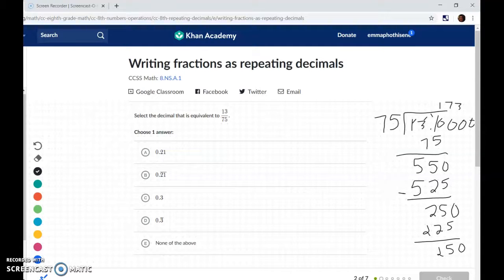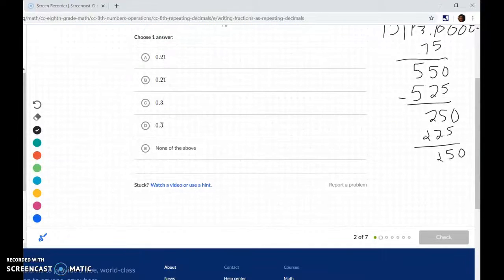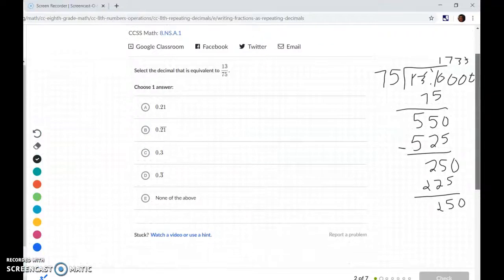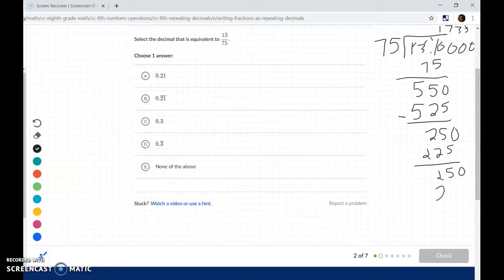So it's going to continue being 250. I know it's 3. That means that my 3 is repeating. I'm kind of running out of space here, but same thing. I got 250 again. 75 goes into 250 without going over 3 times, so then 225, bring down my 0, and you see how it keeps on repeating?